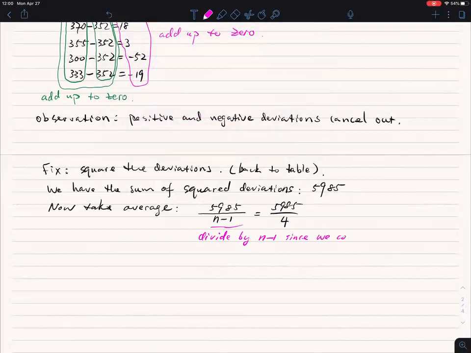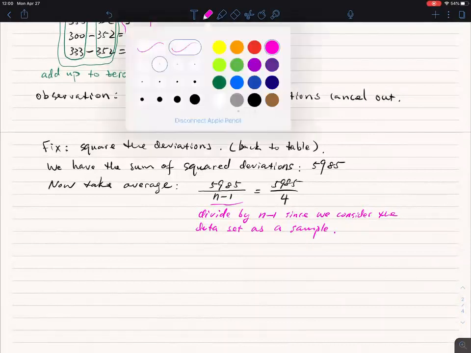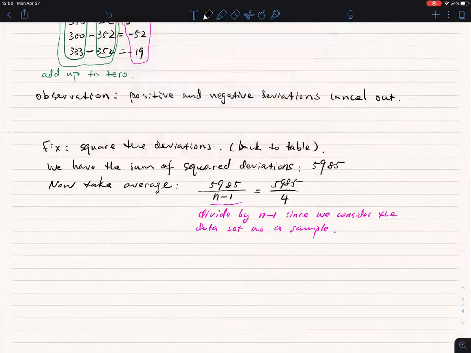since we consider the data set as a sample. Okay, so this involves some theory behind it, but we're not going to talk about this theory.